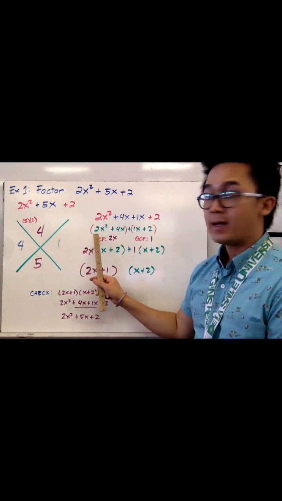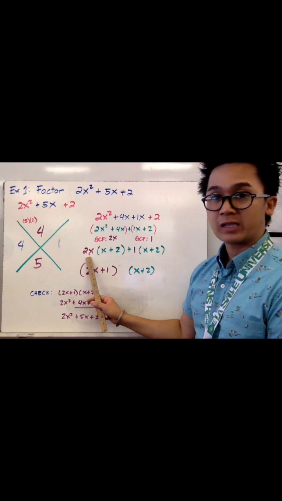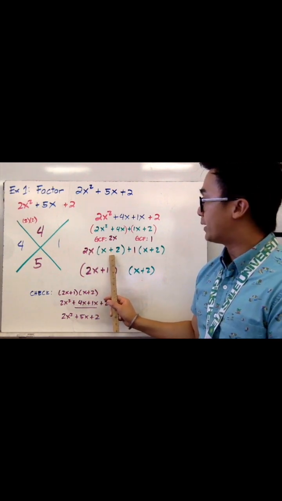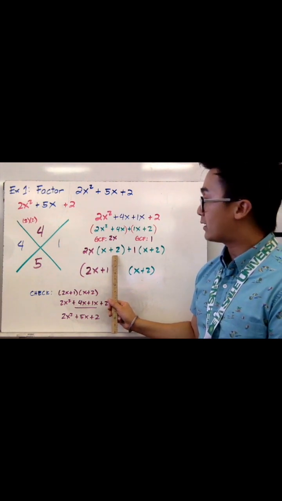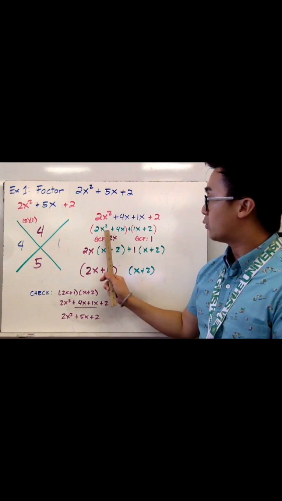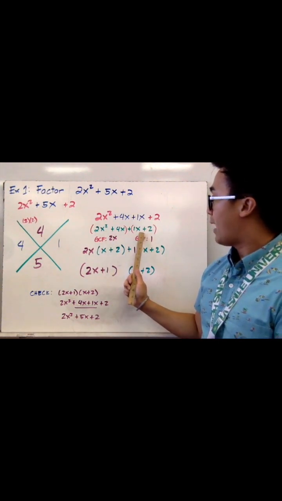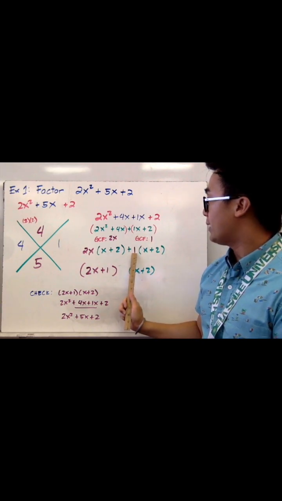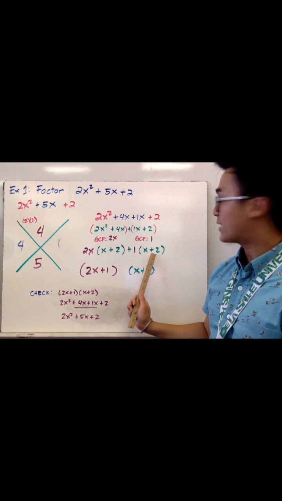Factoring 2x squared plus 4x, 2x is now outside, and what's left inside is x plus 2. Once again, we know that we factored it correctly because if we distribute, it will give us 2x squared plus 4x. For the second group, our GCF is 1, and it's just going to be the same if we pull out a 1 from x and 2.